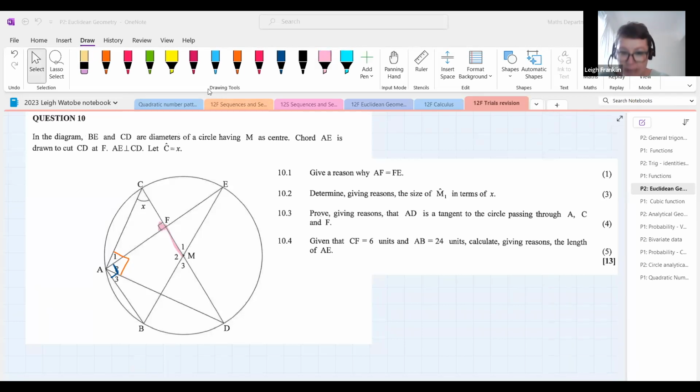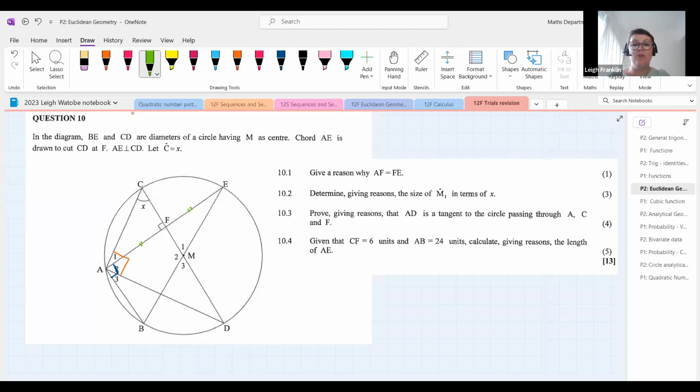It bisects the chord, absolutely. So it cuts the chord in half. So by them telling us that AE is perpendicular to CD, it really means that AF equals FE. So the line from the center perpendicular to the chord bisects the chord.